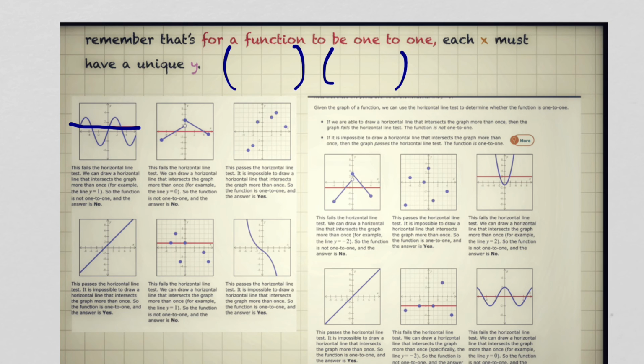Some functions are not one-to-one functions. For example, we talked about the parabola or the absolute value, because you could have an x value that gives you a y value, and another x value that gives you that same y value. So the parabola, when it's up and down, is still a function.